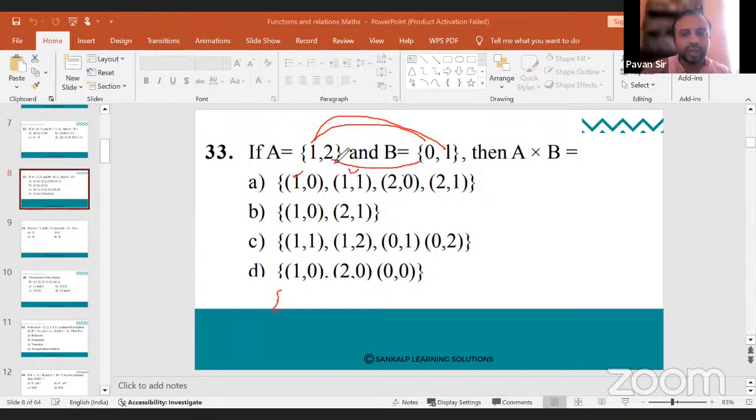Yes. And fourth option, 2 1. All elements are present in option A. So option A is the correct answer. Okay. Some of you are giving the wrong answer. Please make it correct. I showed you. Take the individual elements or the members of each set and multiply that with the second in ordered wise.